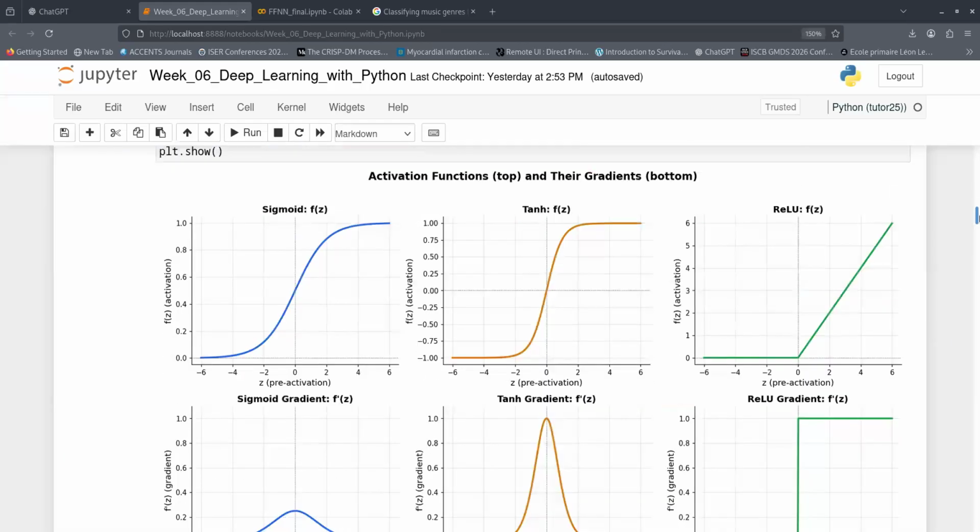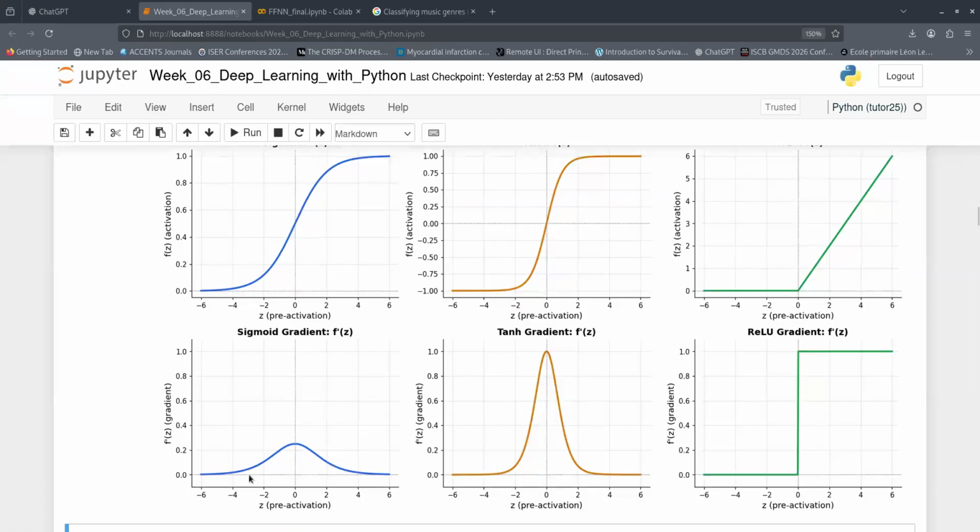And you have all of them here. So the gradients, what we talked about, the limitation of each of them. The saturation is when the gradients become very small. It means it cannot go beyond this. And here you have the gradient.